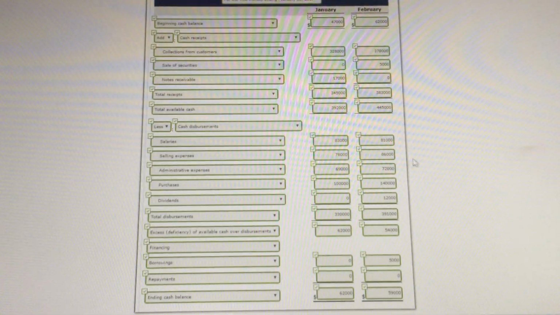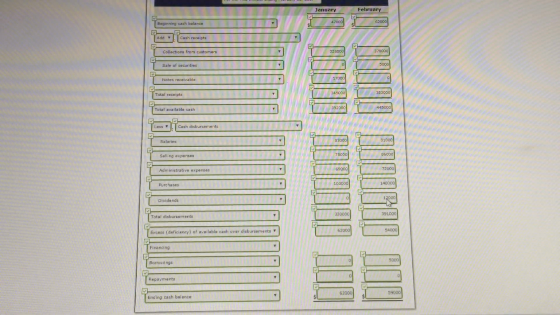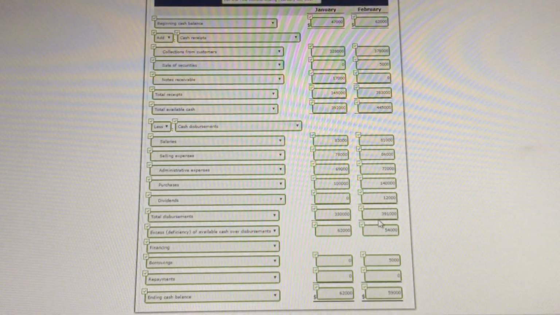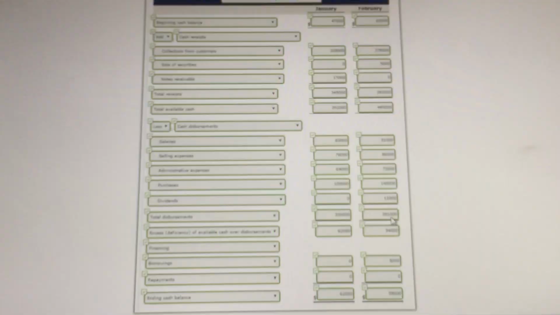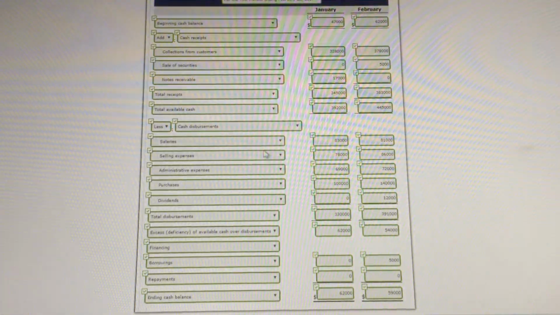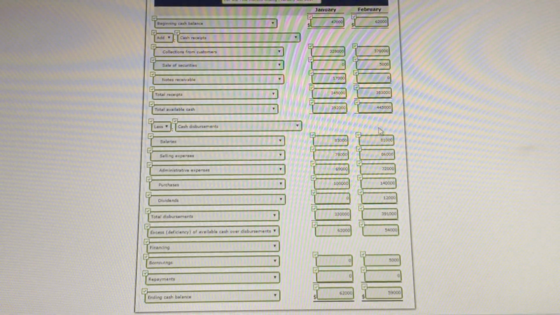Going back here, all of this information. There were dividends in there for $12,000, which we added in, and that gave us a total of $391,000 of disbursements, which we took away from the total available cash, which is here, and then we got the amount of $54,000.